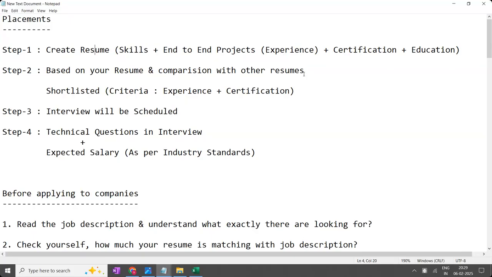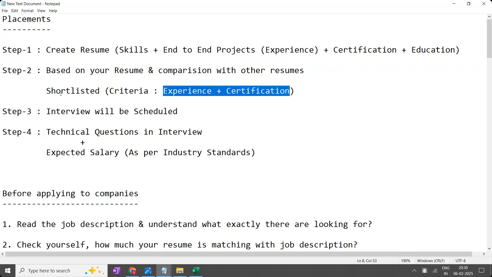You are one of them. So they are going to receive multiple applications and compare. So if you have more skills, more projects, and certification, automatically the advantage will be there. So your experience and your certification are used for shortlisting purposes.